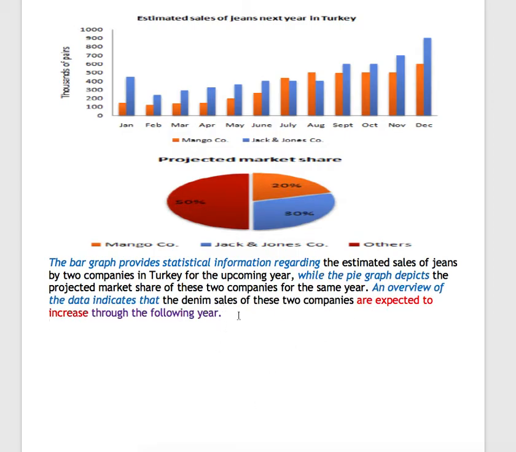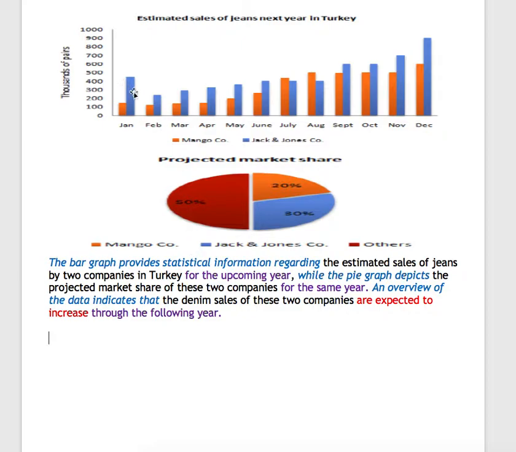So, I want to highlight my time here. I think this could help you more. So an overview of the data indicates that the denim sales of these two companies are expected to increase through the following year.